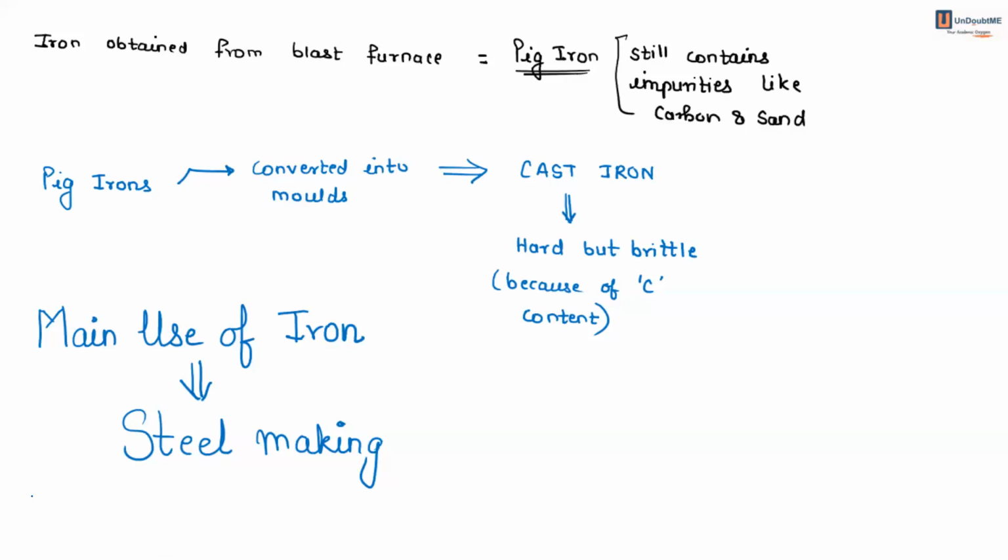So just take a screenshot of this, everybody, so that I can make you understand the steel making process, because that is also important. The main use of iron is steel making.